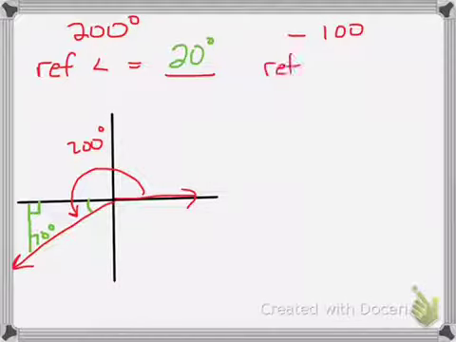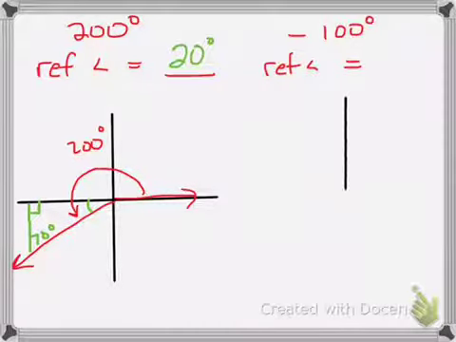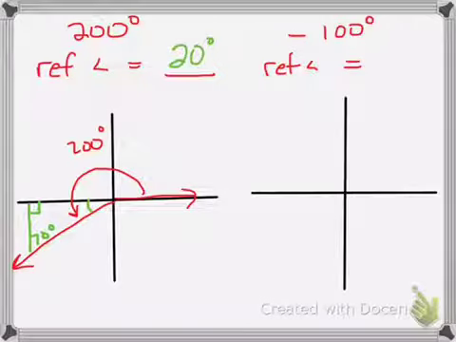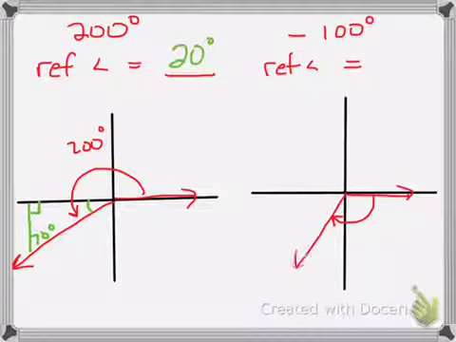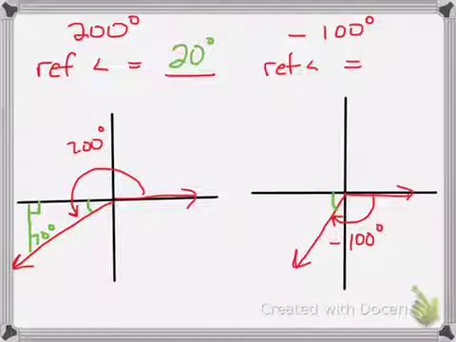What's the reference angle for negative 100 degrees? Sketch it. Negative 100. It's right here. It's negative 100 degrees. The reference angle is the smallest angle back to the x-axis. So here's the reference angle right there.